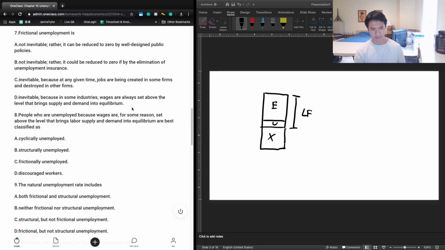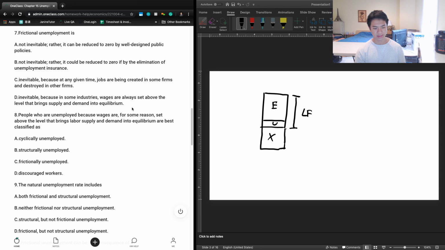D says also inevitable because in some industries, wages are always set above the level that brings supply and demand into equilibrium. And so this is one of the reasons in which there would be unemployment when wages are set above equilibrium levels and there's a shortage of labor. But this is not going to be categorized as frictional unemployment. It's not something that is involved in a job search process.